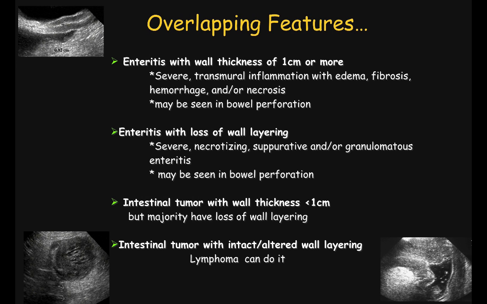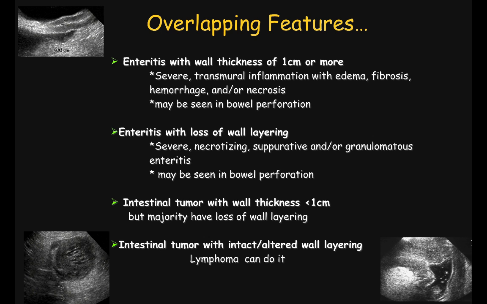All these lesions that we describe, especially for tumors, are very promising. However, there are overlapping features between inflammatory and neoplastic groups. For example, we may encounter inflammatory changes in a bowel with wall thickening exceeding 1 centimeter or even associated with loss of layering.